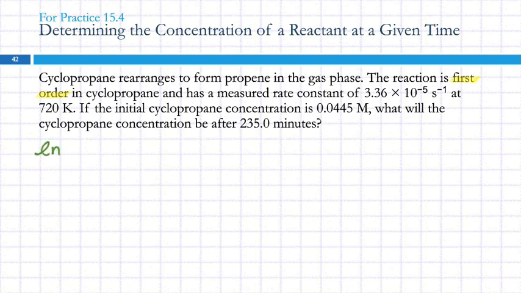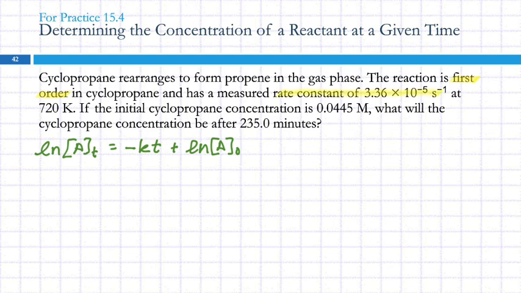Natural log of A at time t equals negative rate constant times the time plus the natural log of A at time 0. And we will often use A instead of cyclopropane because there's no benefit to writing out the formula over and over and over again. So that's what first order means.